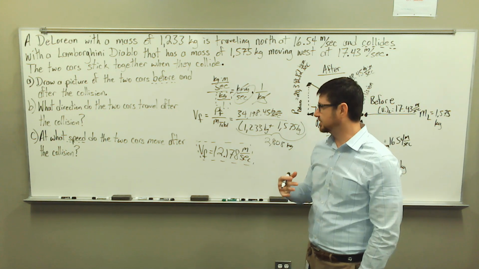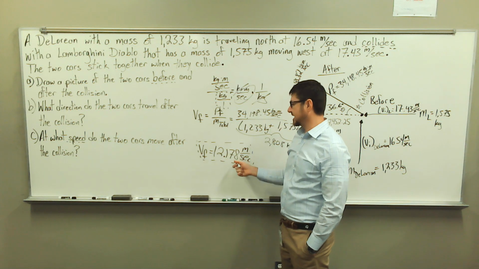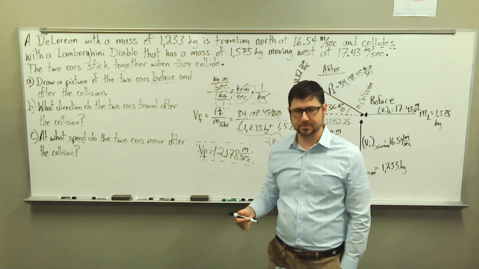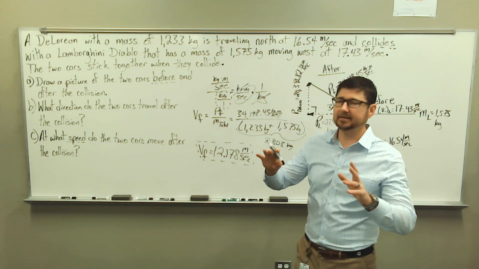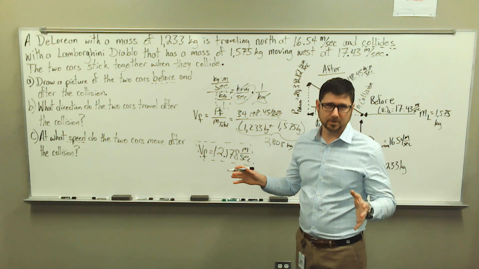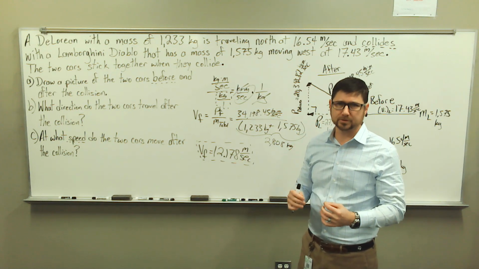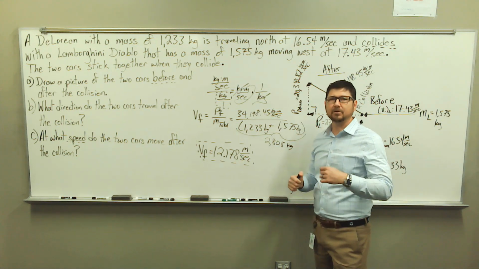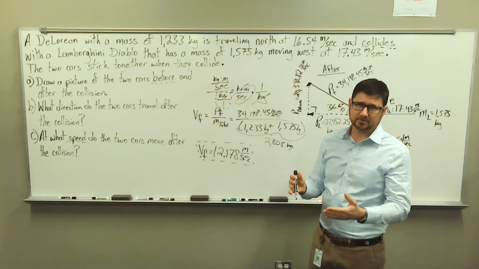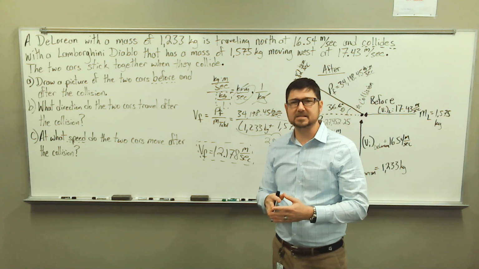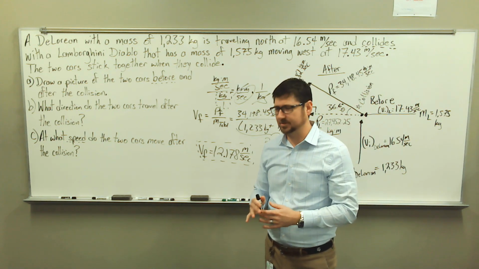So our speed we can say is 12.178 meters per second, and that would satisfy the answer for the book. But let's be a little bit more descriptive here and talk about velocity, because that's a vector, so that answer has both magnitude and direction, okay?